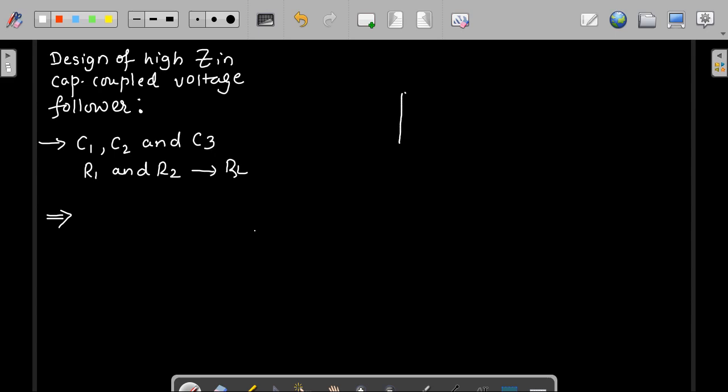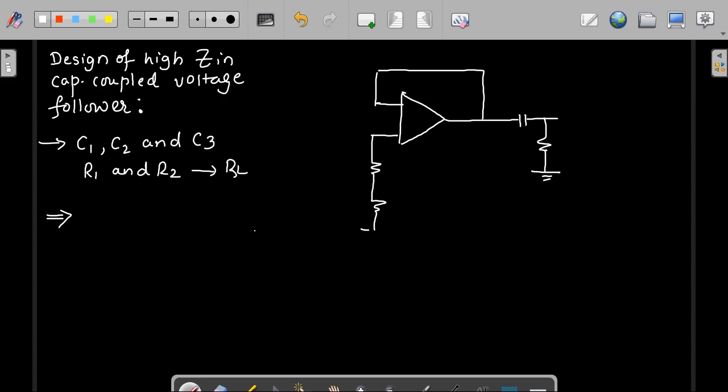Now what we had in this circuit was something like this. This was connected back. So whenever you do any kind of design, please make it a point to draw the circuit properly. So this is R1, this is R2, this is R1, this is R2, and from here I had connected one capacitor.